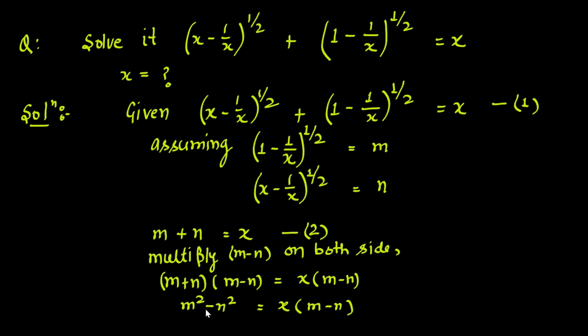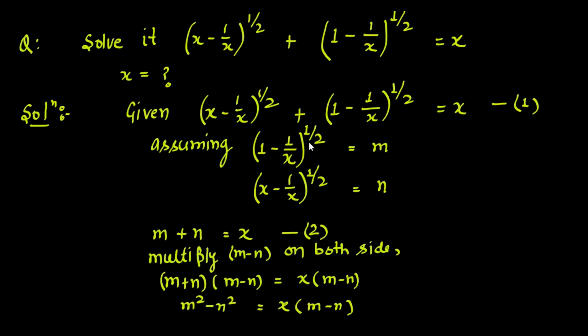Put the value of m and n in the expression. As we have assumed, m is equal to (1 − 1/x)^(1/2). So m² − n² is equal to x times (m − n).